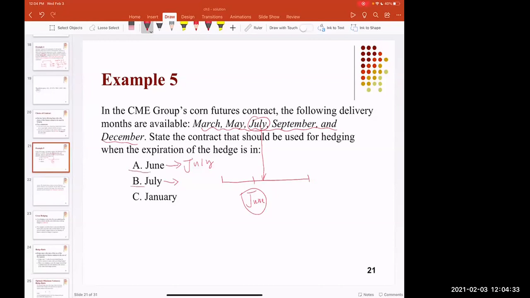If the expiration of the hedge is in July, the delivery month should be in September. That's correct. Good. So this is later than the end of the life, but close. What about the last case? March. Yeah, that's correct.